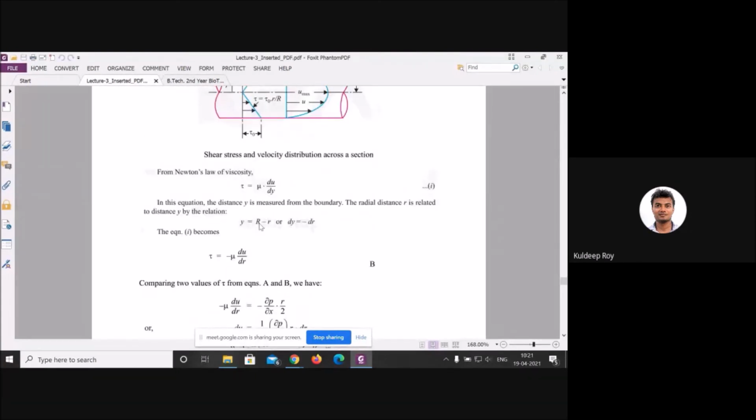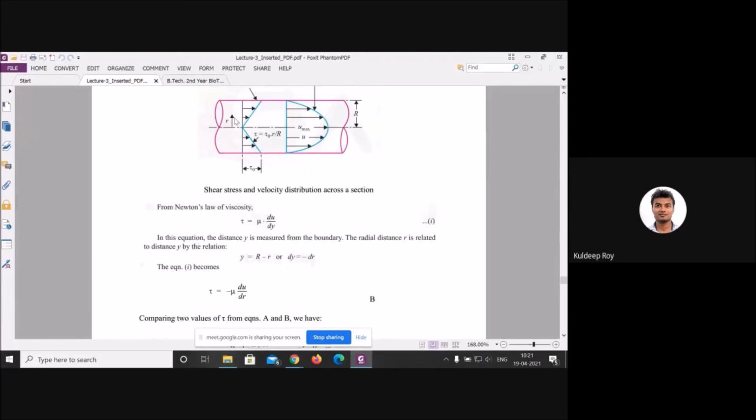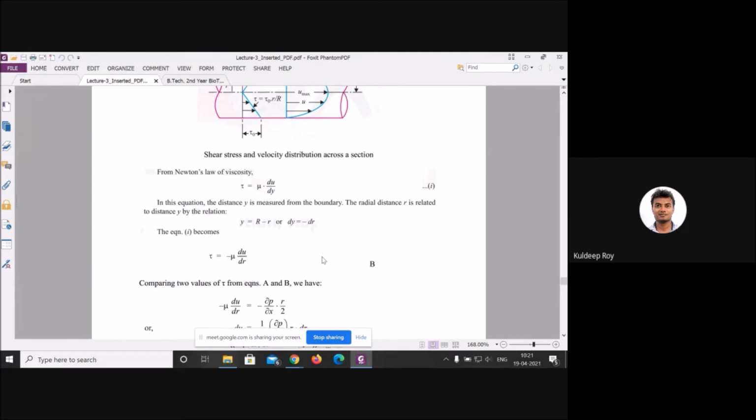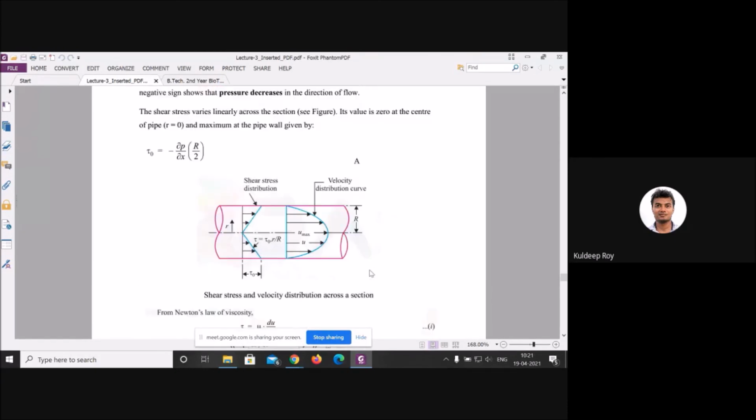Now y equal to R minus r. You can see R minus r at this particular position. Then take the differentiation, dy equal to minus dr. Tau equal to mu du by dy. Put this value here, and then compare this equation with this equation.